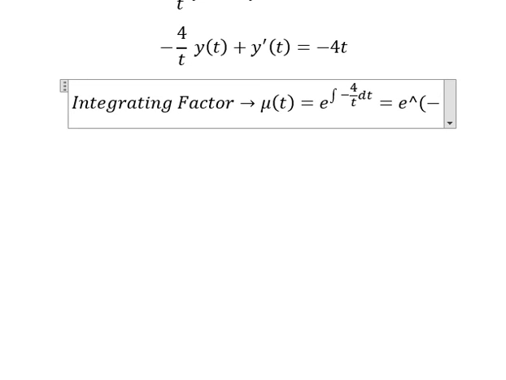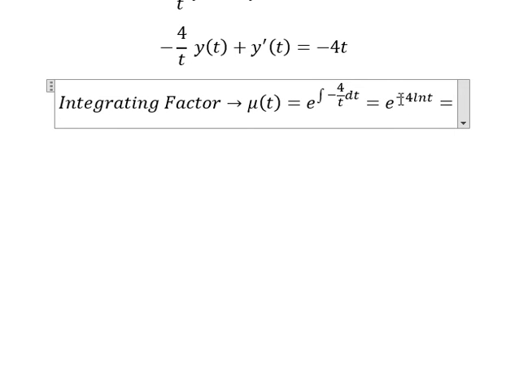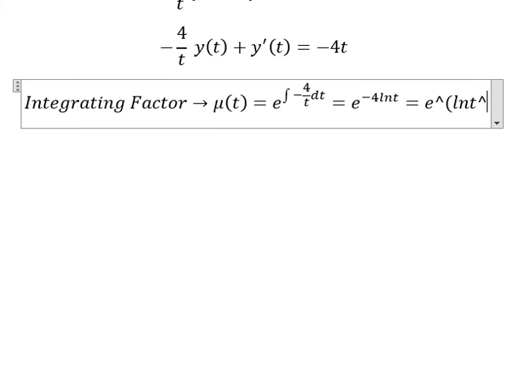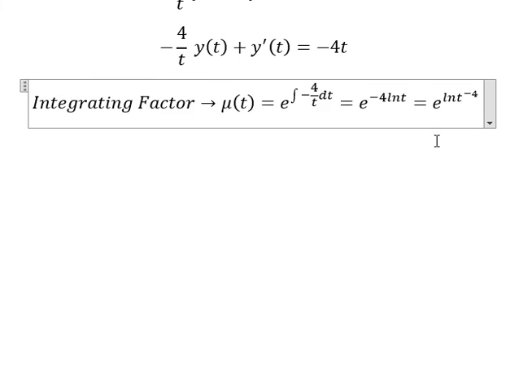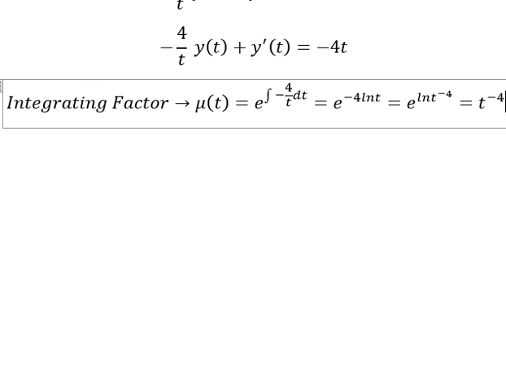And we have negative 4 ln of t. So I will put the negative 4 inside the natural log here, and we have t to the power of negative 4.